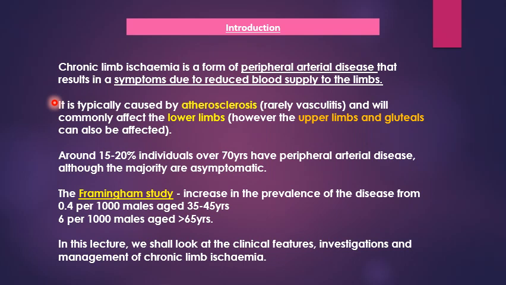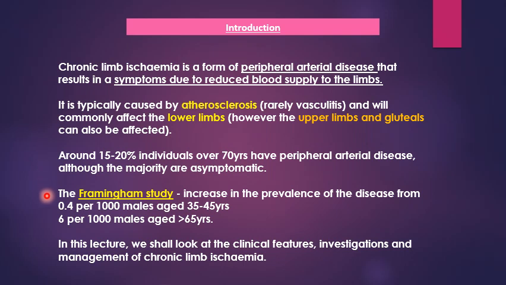Atherosclerosis is the most common cause and most commonly affects the lower limbs. However, the upper limbs and gluteal region can also be affected. Around 15 to 20% of individuals over 70 years of age have peripheral arterial disease, although the majority are asymptomatic.